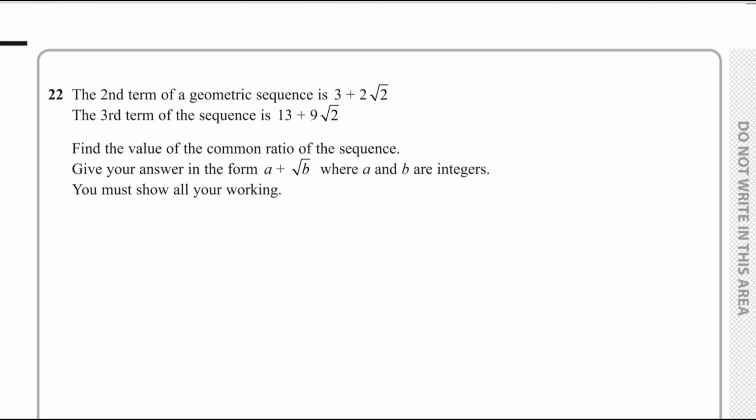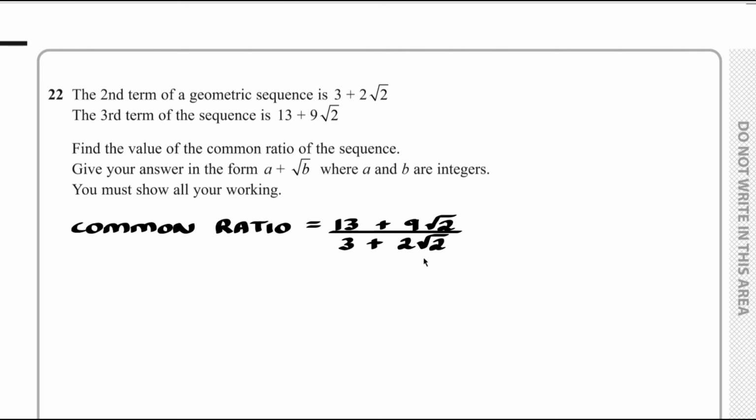The first thing we can do is find the common ratio, and the common ratio is equal to the third term divided by the second term. So we have the third term, 13 plus 9 root 2, divided by the second term, 3 plus 2 root 2. And we have to rationalize the denominator.